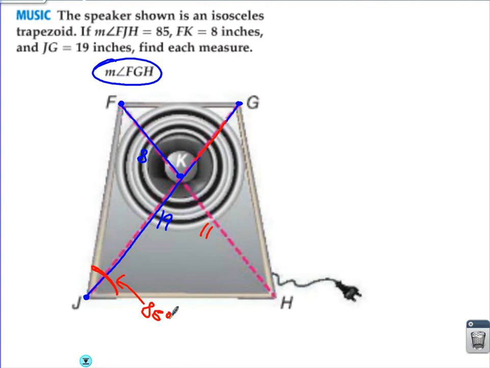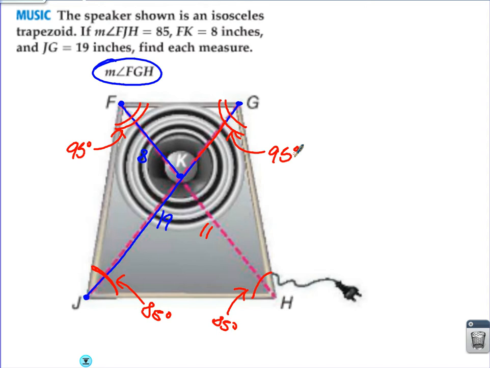So what's the measure of FGH? Well, what's this angle going to be? Right here. 85 degrees. There you go. Since you have parallel lines cut by a transversal, if this is 85 degrees, then this would be 95 degrees. And if that's 95 degrees, since it's isosceles, then this would also be 95 degrees.